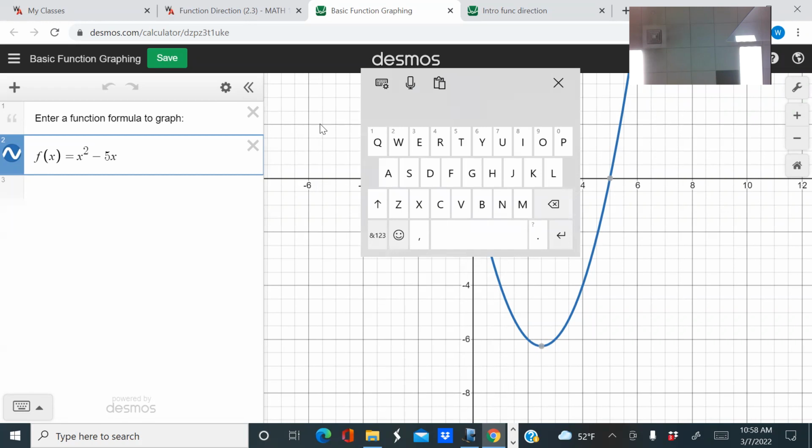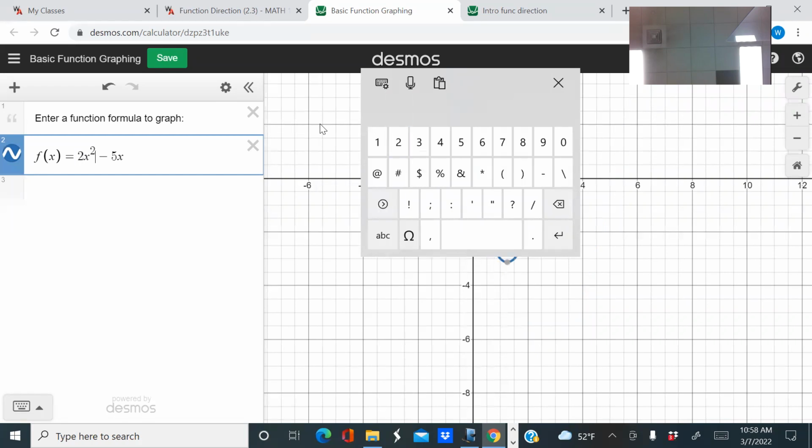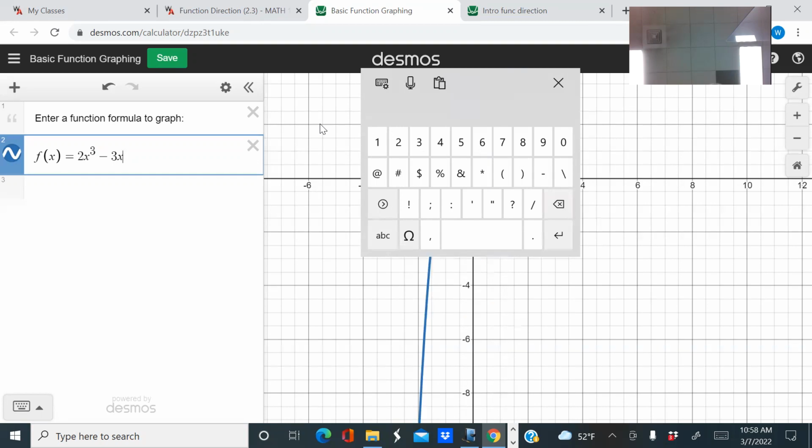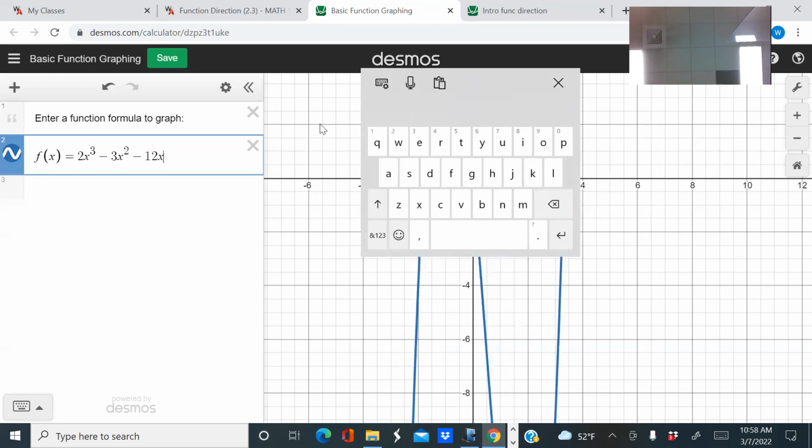What was it? 2x cubed, minus 3x squared, minus 12x. Yay. So there it is on the screen.